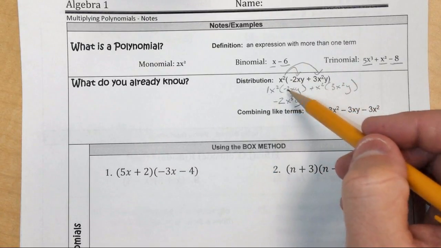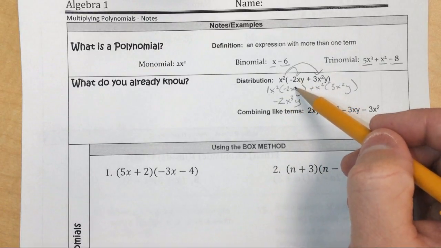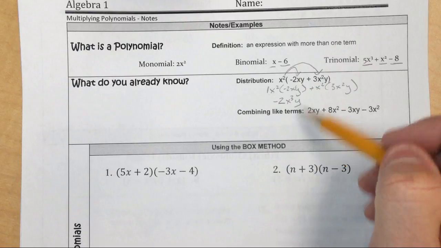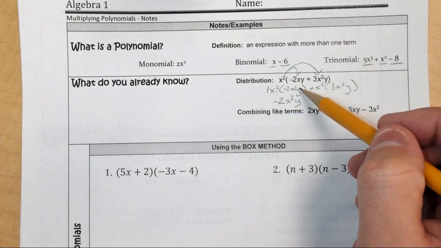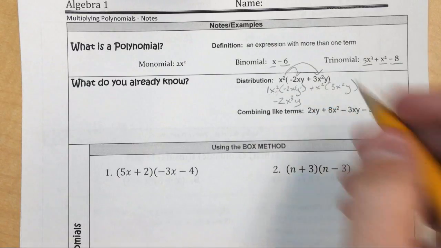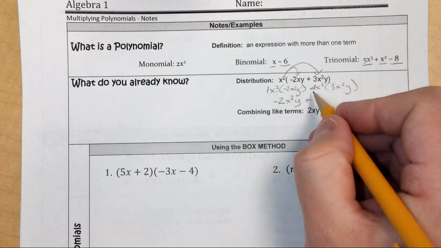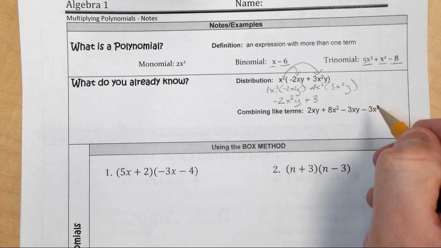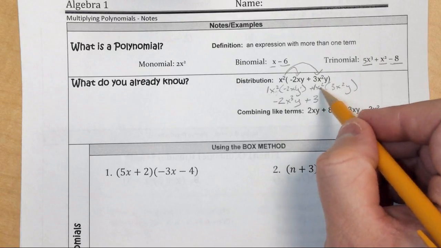So remember, whenever you multiply exponents, you actually add the exponents together. So there's a 1 implied next to this x, so 2 plus 1 is 3. And then there's no y here, that'd be like y to the 0. And this is y to the 1, so 0 plus 1 gives me just 1y. And then same idea is going to happen over here. There's a 1 implied in front of this x squared, so this is 1 times 3, so you multiply the coefficients together, and then you multiply the variables with the same variable together.